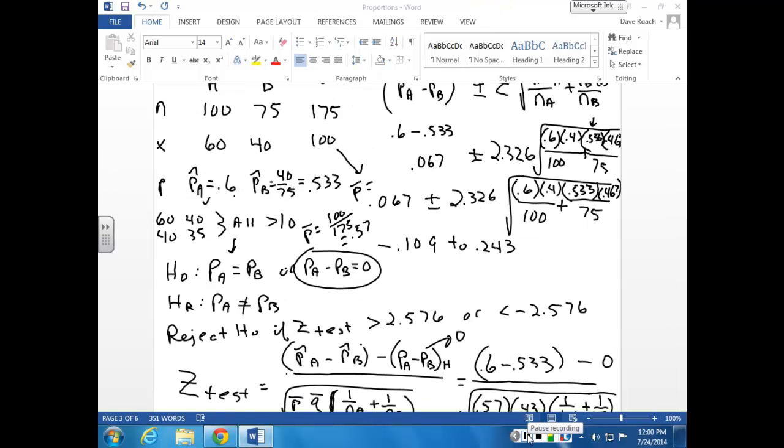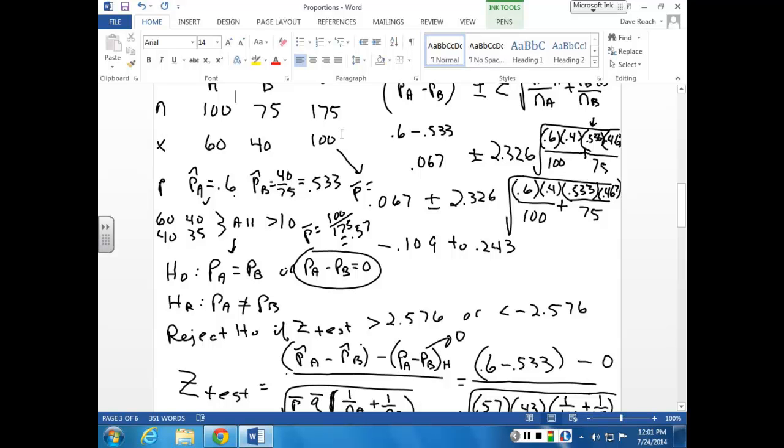Before I go on to graphing the sampling distribution and all of that, I want to go back to the sample size issue. So for the hypothesis test, we're using the pooled value.